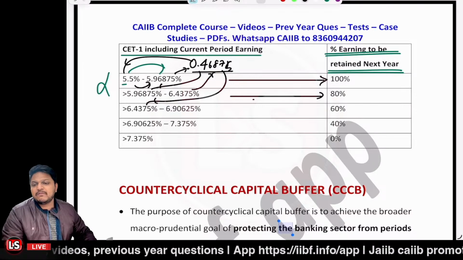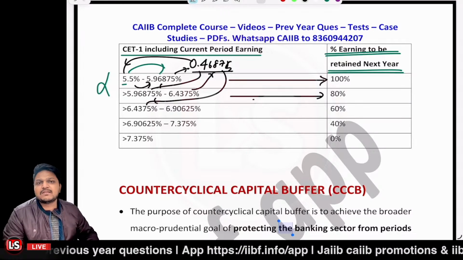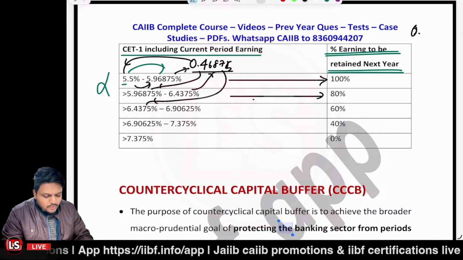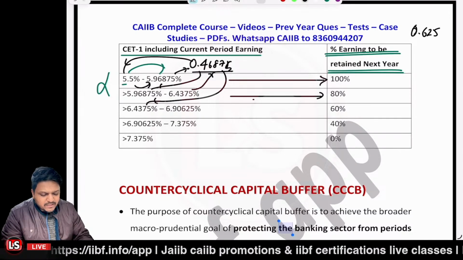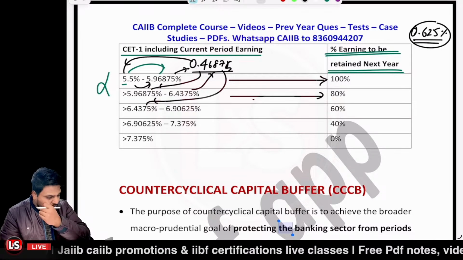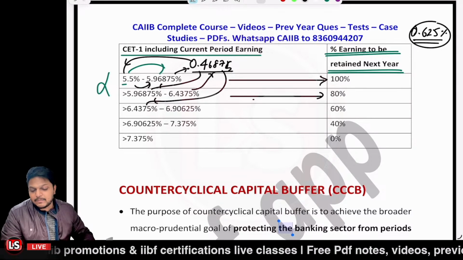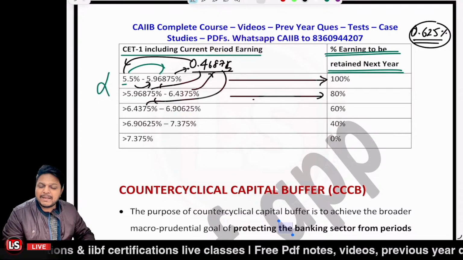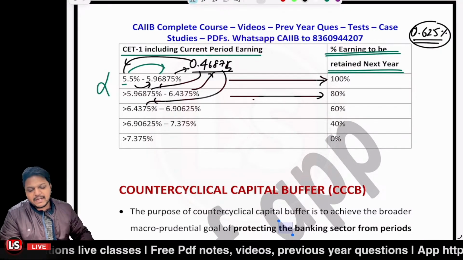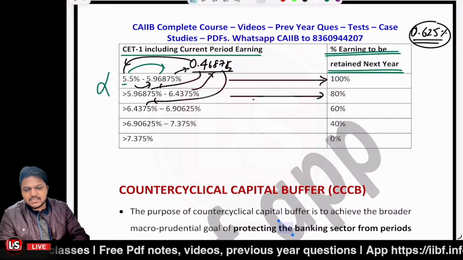Because previously the banks were to maintain the CCB in the tranches of 0.625. There were 4 tranches which were announced by the Reserve Bank of India, and 0.625% of the step up was there. Like for each of the tranches, banks were to maintain 0.625% of the CET1, right? And it increased in that way, and 4 tranches were there.